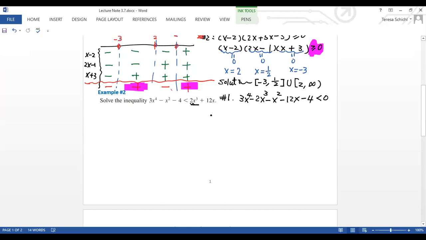Okay, so this one is even harder to factor, right? So let's see if we can find anything to help us here. Let's try to add the constants. So this is 3, -2, -1, -12, and then -4.